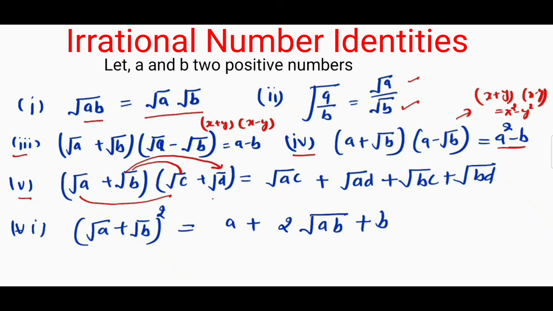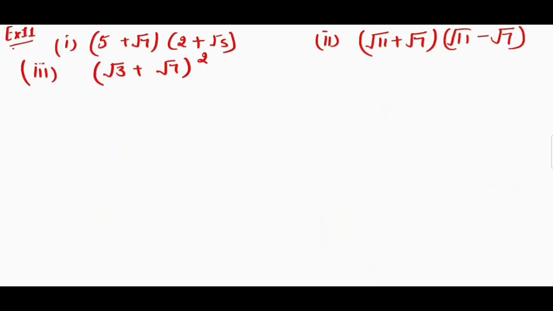So last identity, here we have sixth one, (square root of a plus square root of b) whole square is equal to a plus 2 square root of ab plus b. Here I have used this identity, (x plus y) whole square is equal to x square plus 2xy plus y square. So let's do some examples related to these identities.